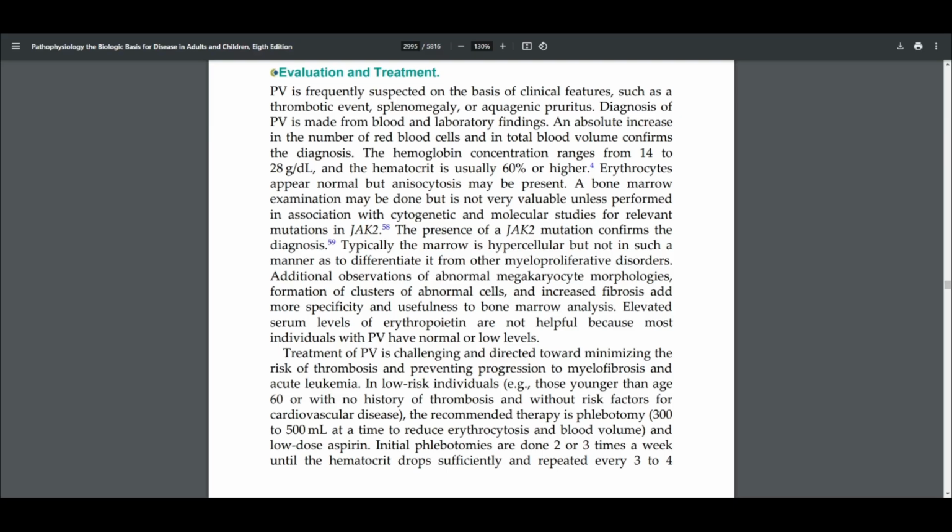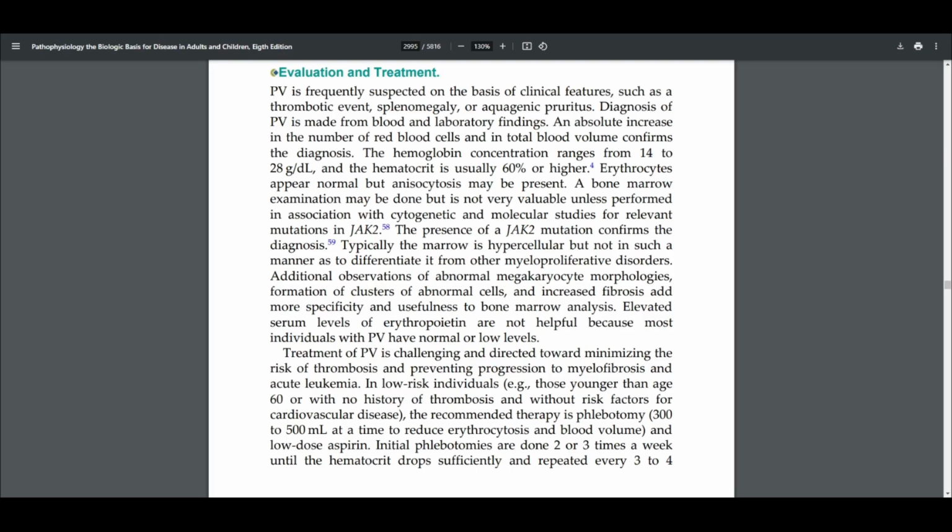A bone marrow examination may be done, but is not very valuable unless performed in association with a cytogenetic and molecular study for relevant mutations in the JAK2. The presence of JAK2 mutation confirms the diagnosis. Typically, the marrow is hypercellular, but not in such a manner as to differentiate it from other myeloproliferative disorders.